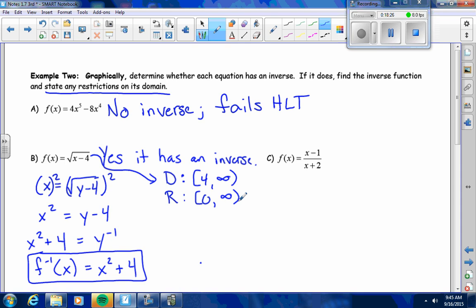Well, remember when we found the inverse, we did what to the function? We swapped x and y. So guess what? When you're looking at the original domain and range, the original domain dealt with your x's, the original range dealt with your y's. So when you find the inverse and you swap x and y, you're swapping your domain and range as well.